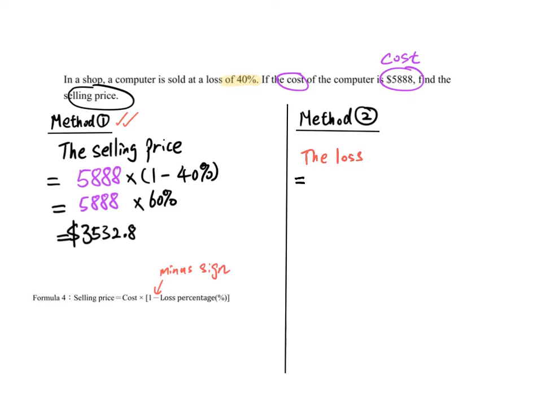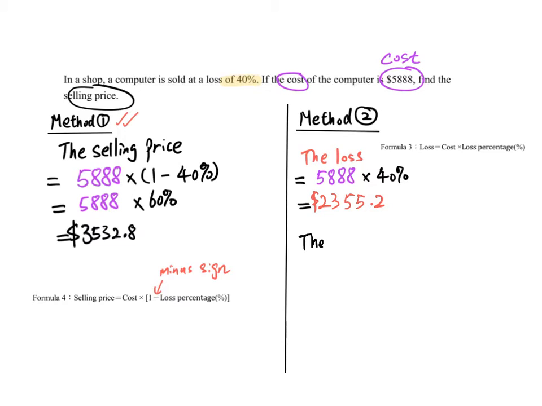By formula 3, the loss is equal to the cost times the loss percentage, 40%. The loss is $2,355.2.